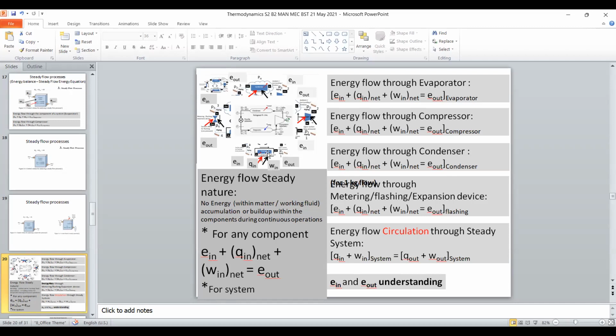The total energy received by the fluid at this component should leave with the fluid, because same mass flow in, same mass flow out. So with the out mass flow, E out should be same as the E in plus Q in plus W in. Very interesting.